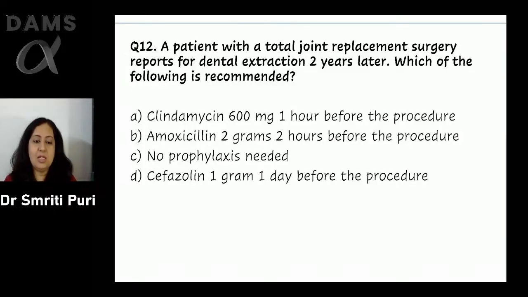No prophylaxis needed is option C. And D. Cefazolin 1 gram 1 day before the procedure. So what would be the answer over here? Please let me know. More answers, please.